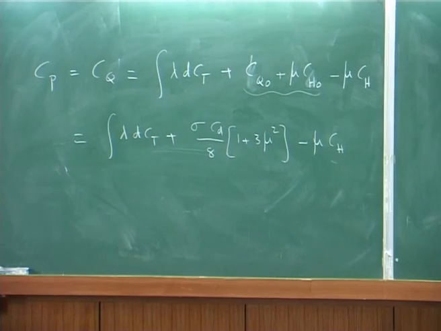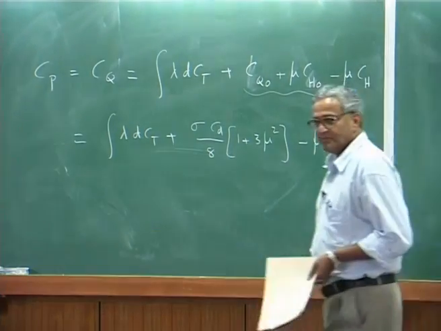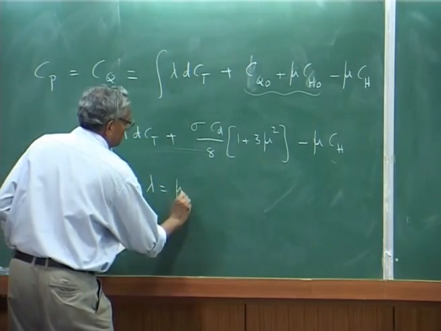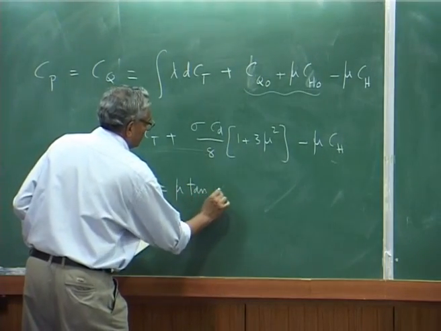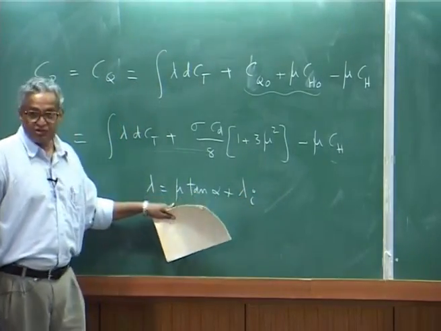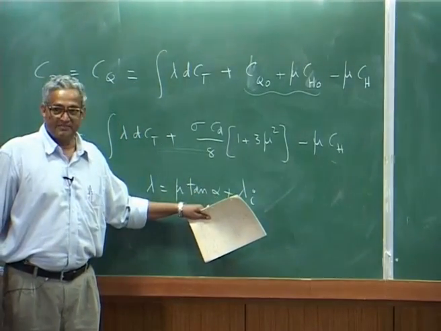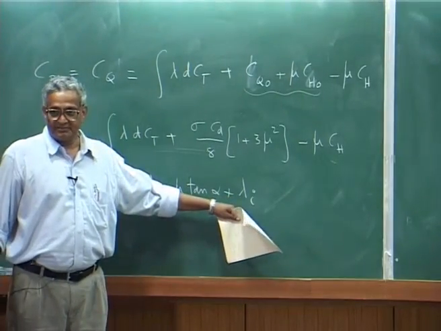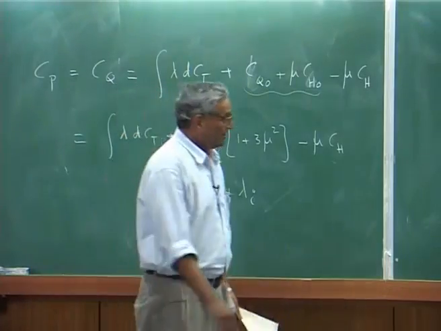It is related to flight. What is my lambda? Lambda is mu tan alpha plus lambda I. Go back to your notes. Lambda I is the induced part, and mu tan alpha is due to the forward speed in the hub. You look back at your notes.